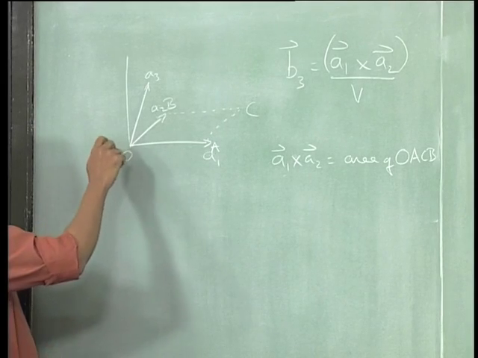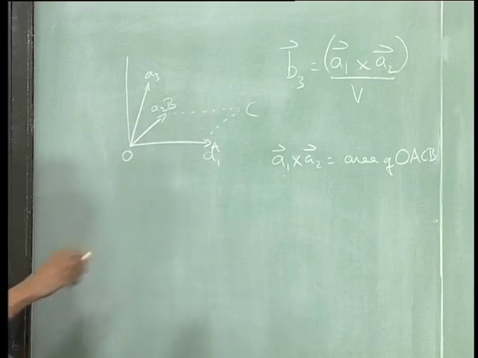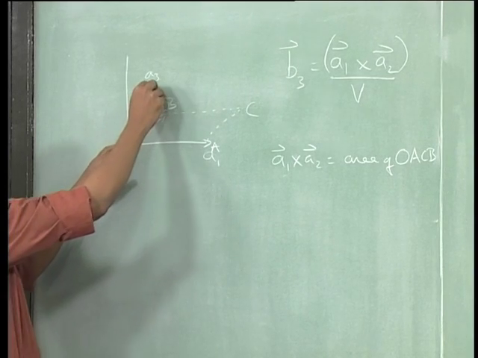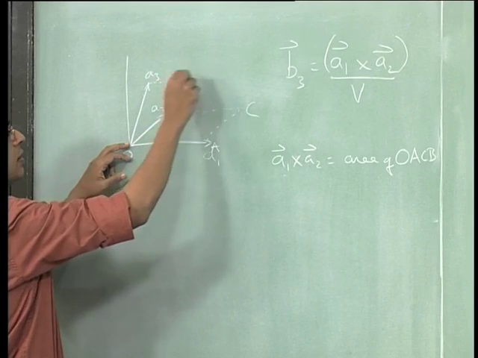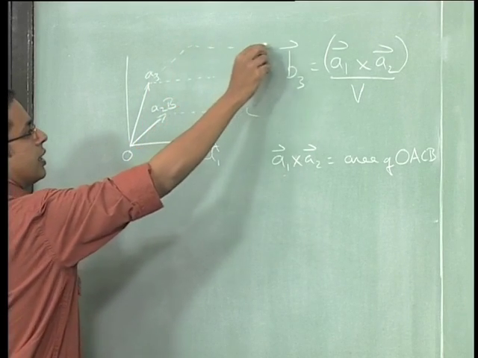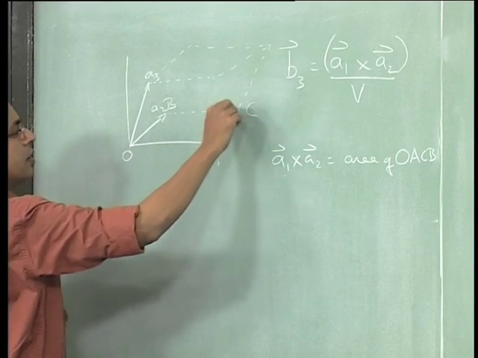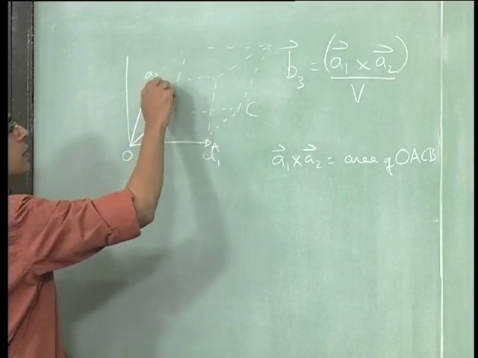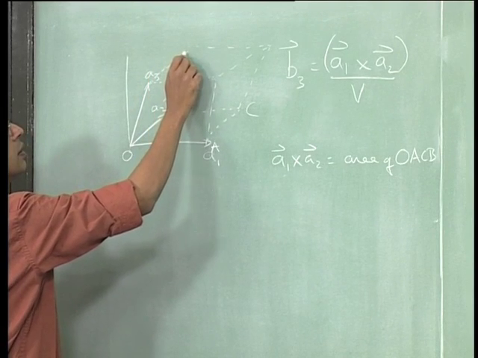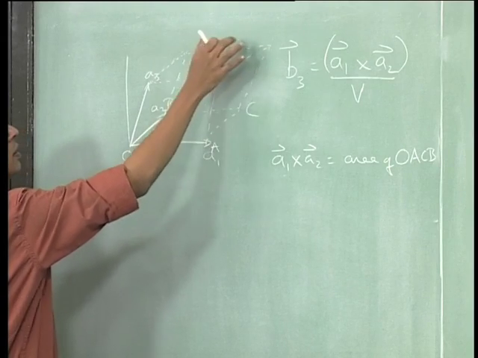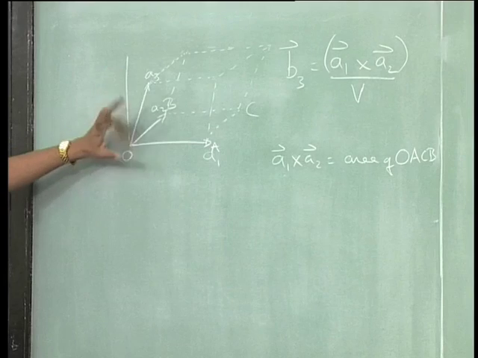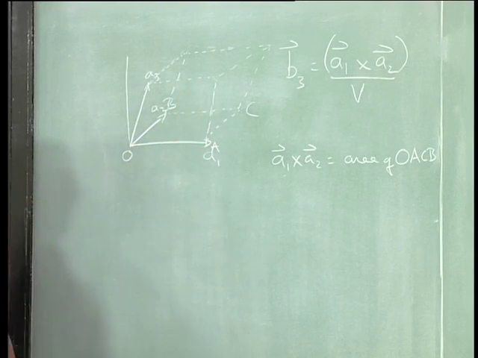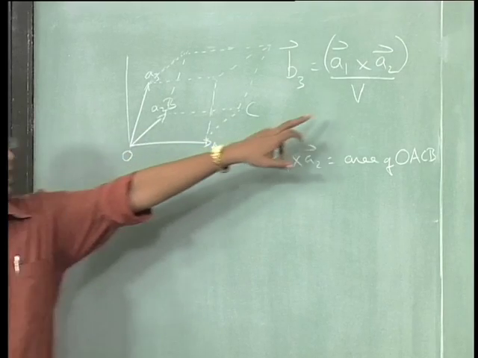If you look at the volume of the unit cell, this V here is the volume of the unit cell in real space. Which volume is that? If you take this A3 vector and complete this solid, this unit cell that we have drawn, its volume is the V that we have written here.